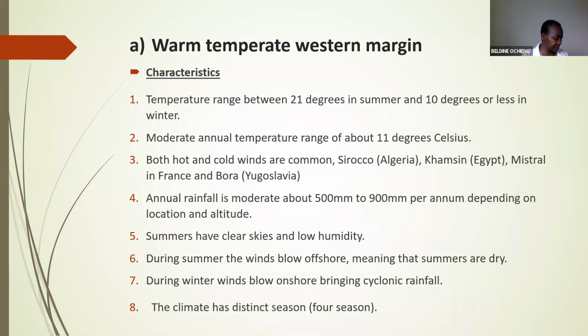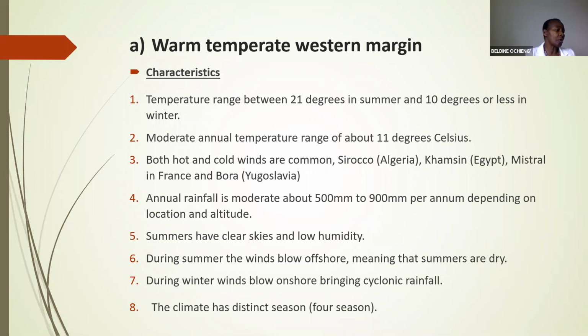Now the characteristics include temperature ranging between 21 degrees in summer and 10 degrees or less in winter. That is for our warm temperate western margin. Moderate annual temperature range of about 11 degrees Celsius.